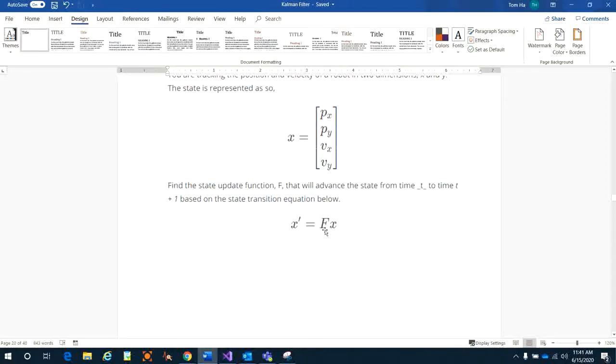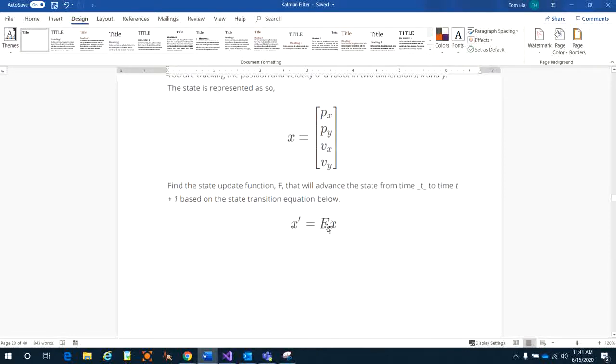But can you guess what the A is right here? What is the matrix dimension: 4x4, 4x3, 2x4? What do you think? Just think about it. I'll show you right here. Your state variable has 4 items in this column, right?